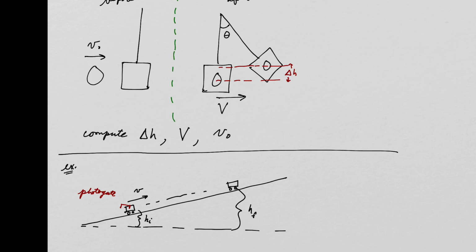So what I could ask you to calculate is the mechanical energy at this first position, so call this like position 1, and at the second position, position 2. So I could ask you to calculate mechanical energy at position 1 and position 2.